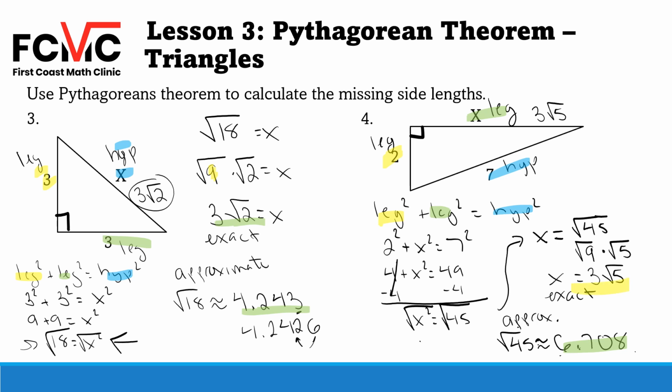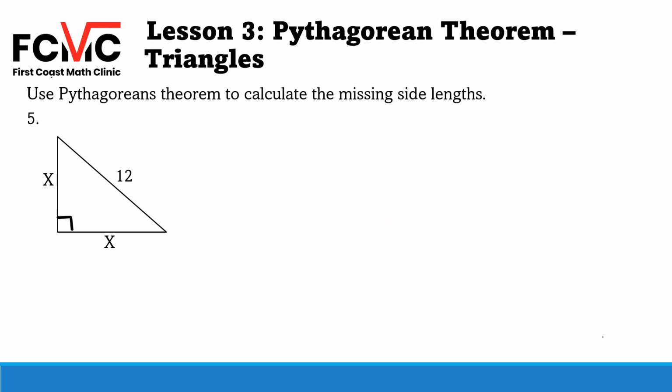Okay. All right, let's go through a couple more examples finding missing legs and hypotenuses with Pythagorean theorem. Number 5, our legs are the unknown. We've got x and x for the legs, and our hypotenuse is 12.